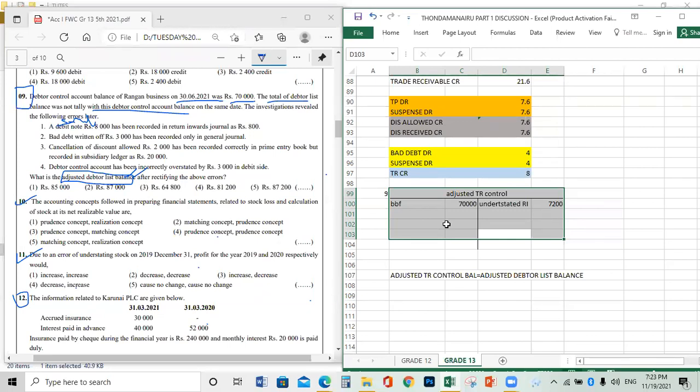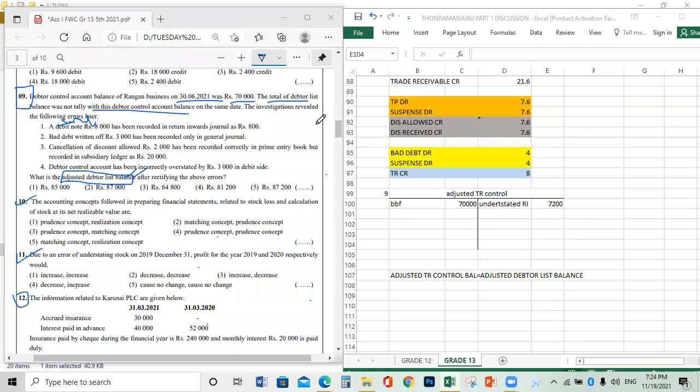I told you all, if the prime entry is correct, the control account is correct. But in the subsidiary, they have recorded it as 20,000. So should you adjust anything here? No, if your prime entry book is correct, the control account is also correct.